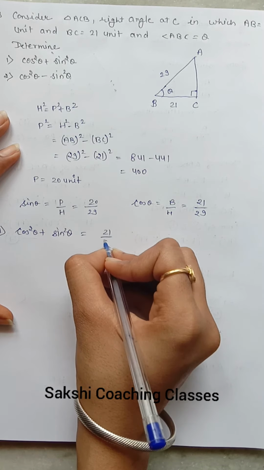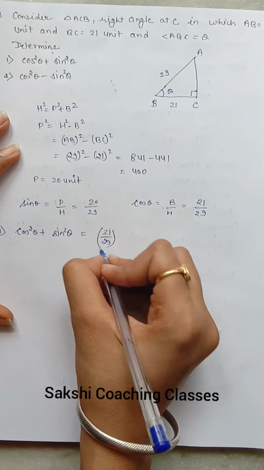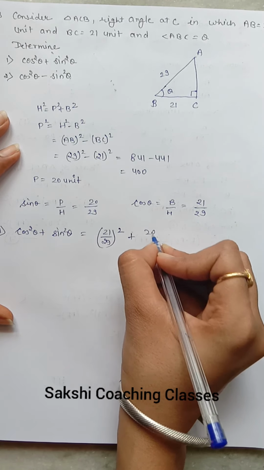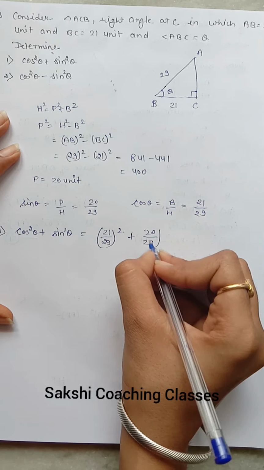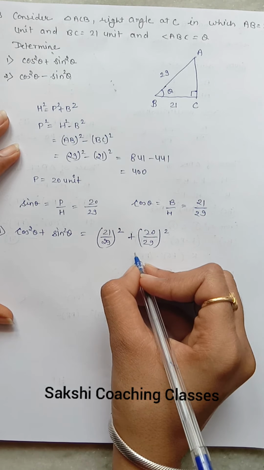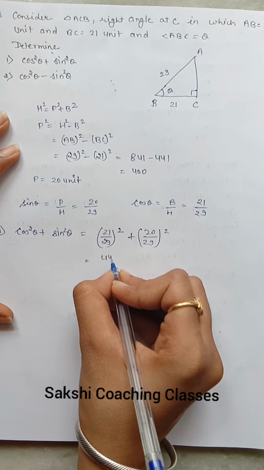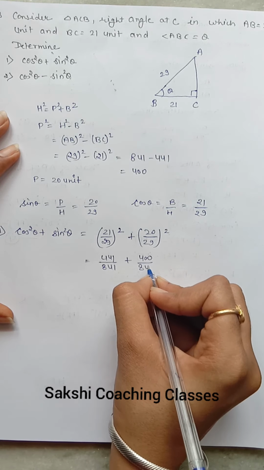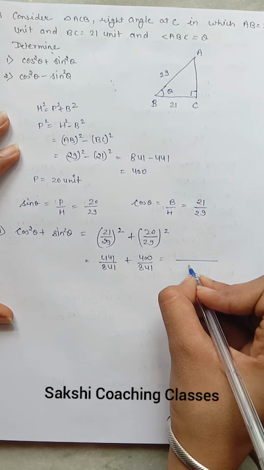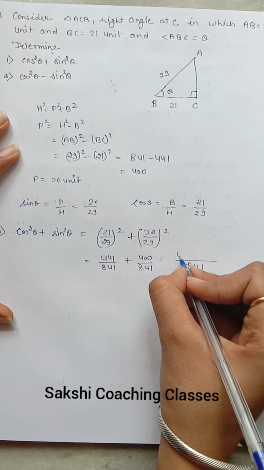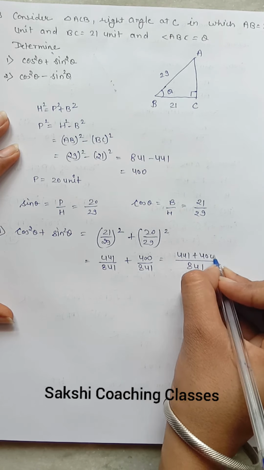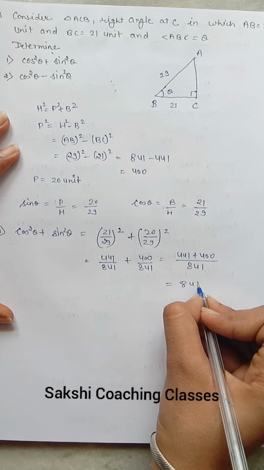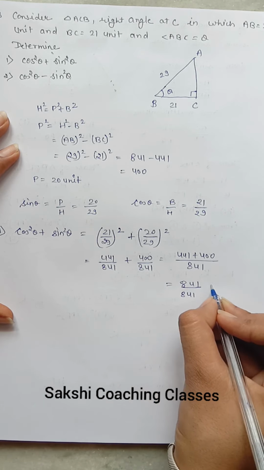That means 21 upon 29, square of that, plus 20 upon 29, square of that, right? 441 upon 841 plus 400 upon 841. 441 plus 400 equals 841 upon 841 equals 1.